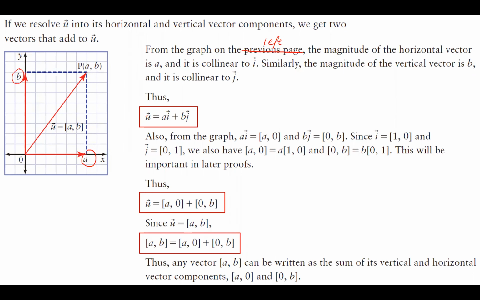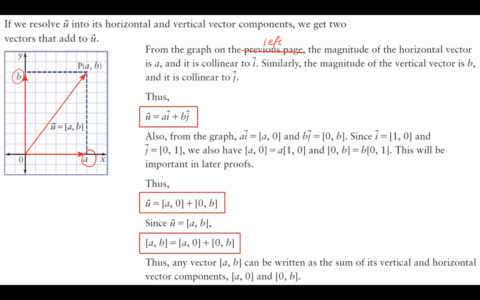Thus, we have the following relationship. Vector U equals a, which is a scalar, times unit vector i, plus another scalar b times unit vector j. Also note that a and b are the magnitudes of the vector U in the horizontal and vertical direction, respectively.